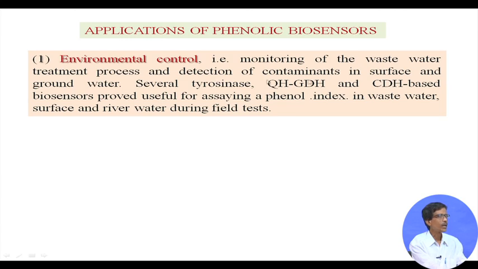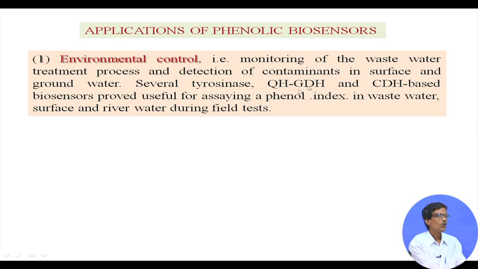For environmental control, phenolic biosensors will be very useful for the detection of contaminants in surface water as well as groundwater. As you see here, surface water, lake water, river water, and groundwater are also getting contaminated. There are several tyrosinase, GDH, any dehydrogenase, and CDH based biosensors.